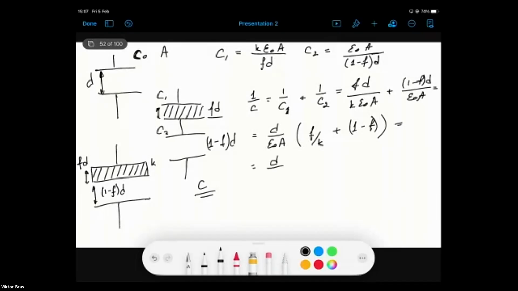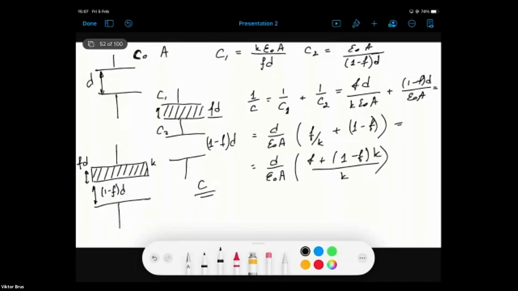It will be D over epsilon 0 A times F plus 1 minus F times K, divided by K.